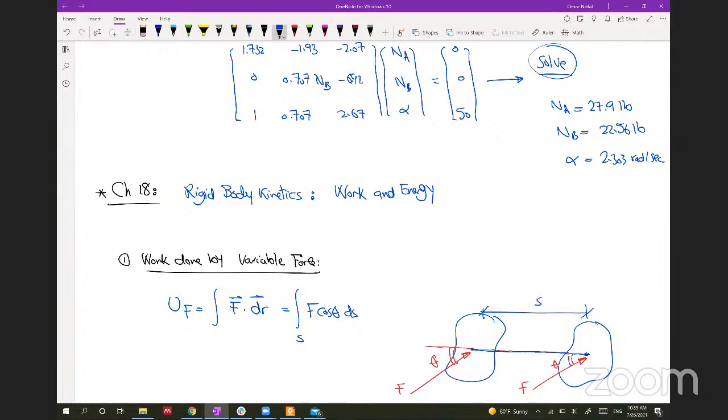And if F is constant, not variable, I can take it outside of the integration. So number 2, work done by a constant force.